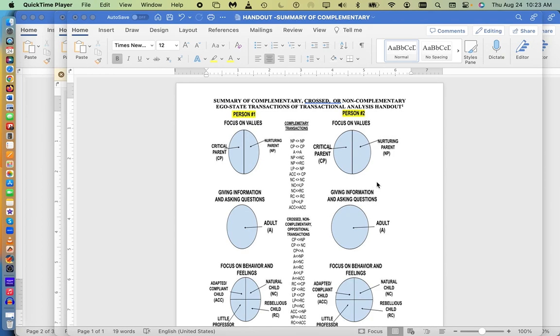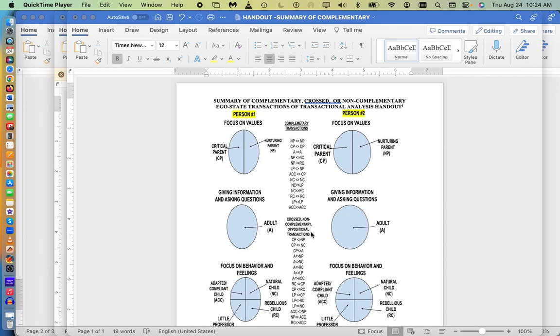Now, a central element of the theory of transactional analysis is an understanding of how these 7 ego states operate. You all know, we hope, that from a TA perspective, each of us has 7 different ways of talking to ourselves and to others. We can share information and ask questions in the adult ego state.